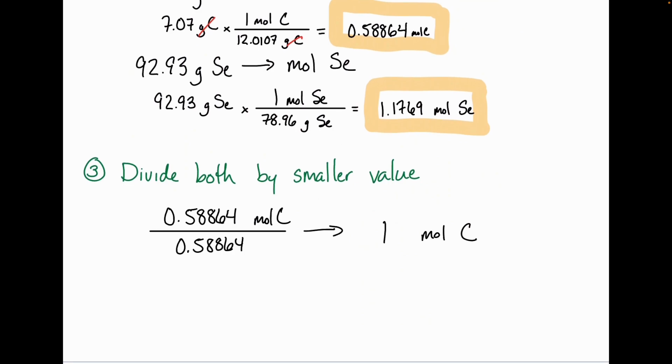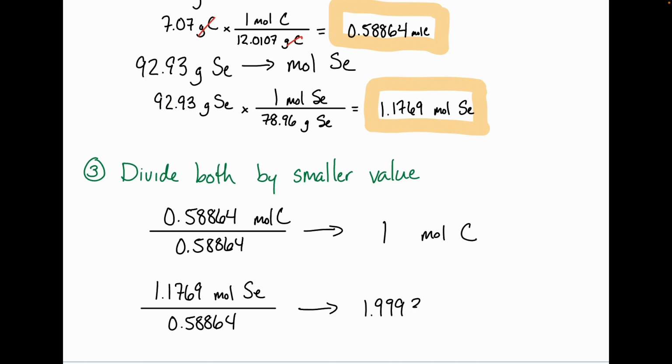Okay, I'm going to take that second value and divide it by that same 0.58864. Okay, and I'm actually going to copy and paste these numbers from my calculator so that I have even more decimal places than what I've written down on the board here. Okay, and this will come out to 1.9993 moles of selenium.